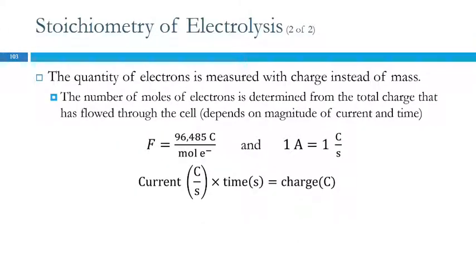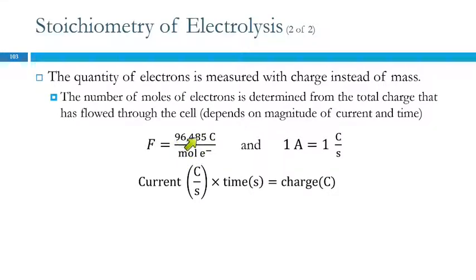Well, we don't measure the quantity of electrons with mass, we measure them with charge. And we can determine the number of moles of electrons from the total charge that has flowed through the cell. And the total charge is going to depend on the magnitude of the current and the time. So the Faraday's constant is 96,485 coulombs per mole.